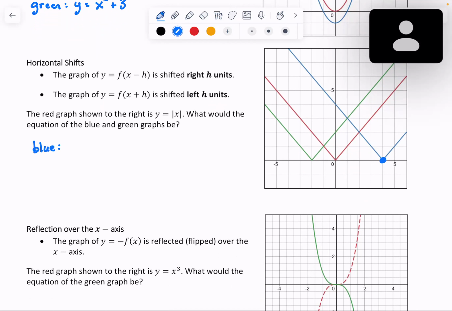That would look like the absolute value of x minus 4, right? So this would be y is the absolute value of x minus 4.